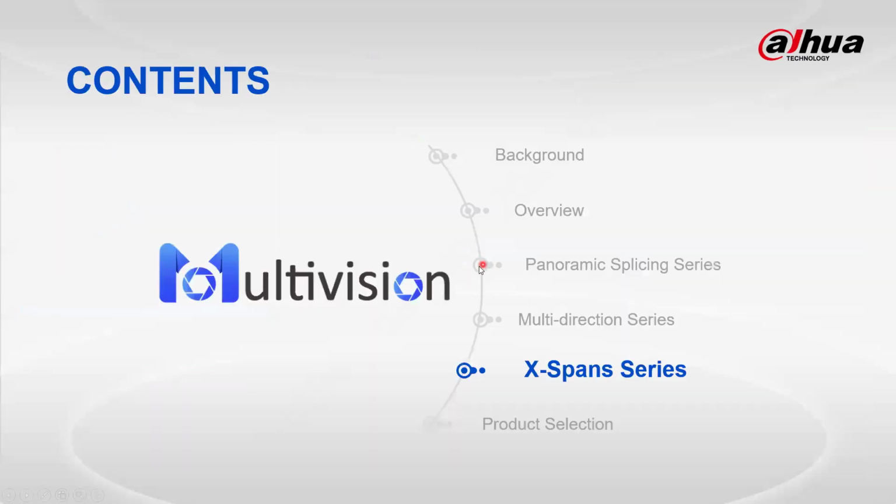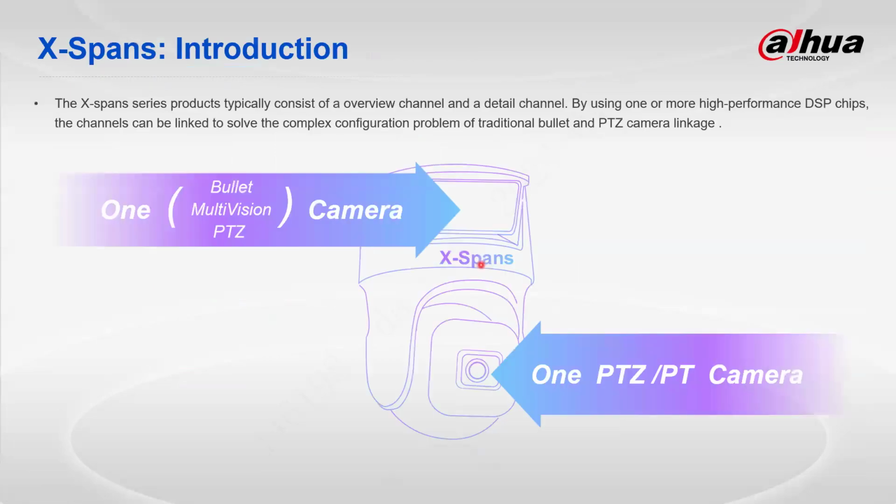Now, the X-Pan series are slightly different from the MultiVision and the panoramic splicing images. For the X-Pan's introduction, these are series that typically consist of an overview channel, one channel at the top, and a detail channel at the bottom.